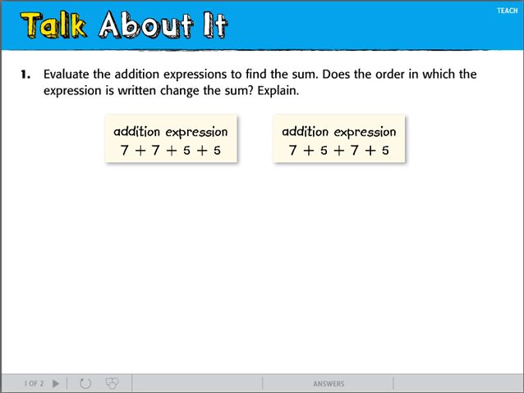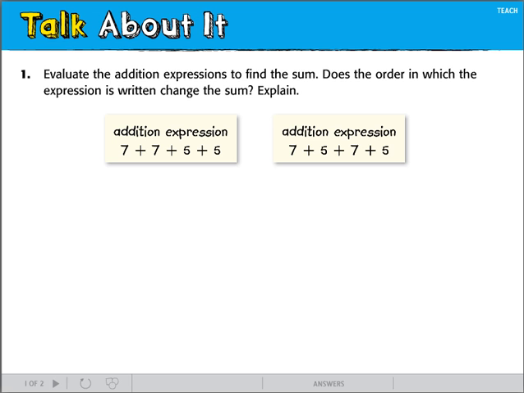Now, we're going to evaluate the addition expressions to find the sum and figure out, does the order in which the expression is written change the sum? So first of all, we have to evaluate. And evaluate, what does evaluate mean we're going to do?